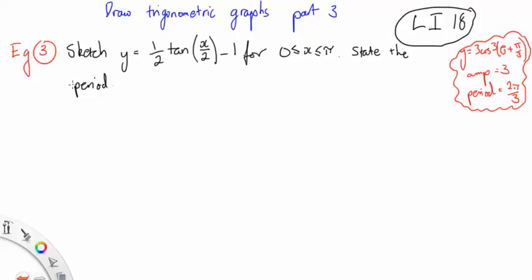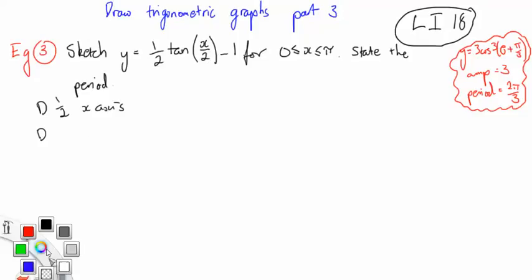Well, let's do dilation, reflection, translation. Dilation by a factor of 1/2 from the x-axis. Let's see, we've got another dilation. The coefficient of x here is actually a half, so this thing in here is equivalent to writing half of x.